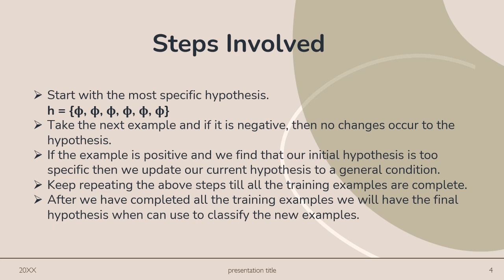You're not going to make any changes. If it is not equal to the hypothesis value, then you're going to replace it with the most general value, that is the question mark. So this will iterate through all the positive examples. So this is about the steps involved, how it works or how it executes.